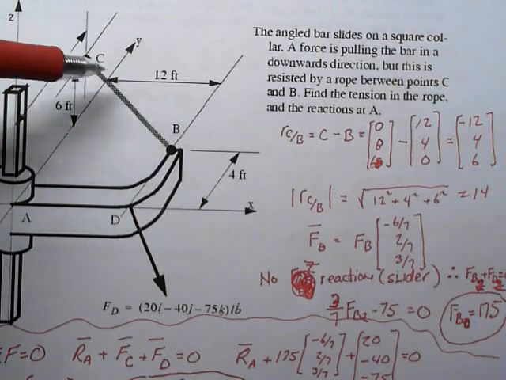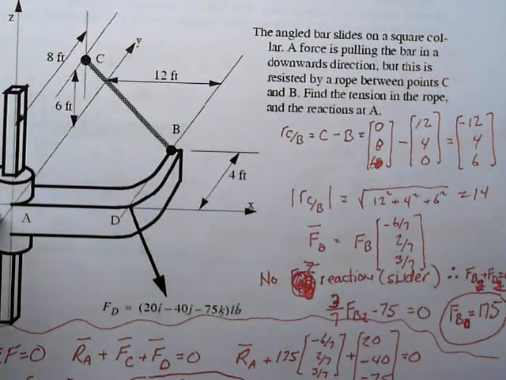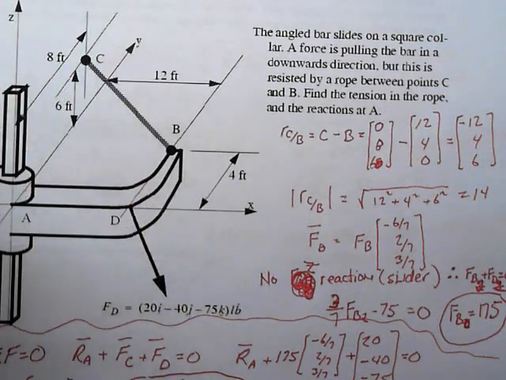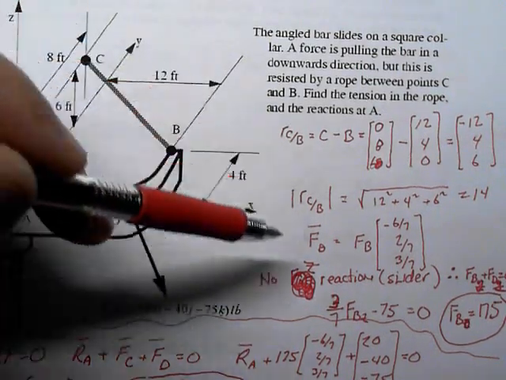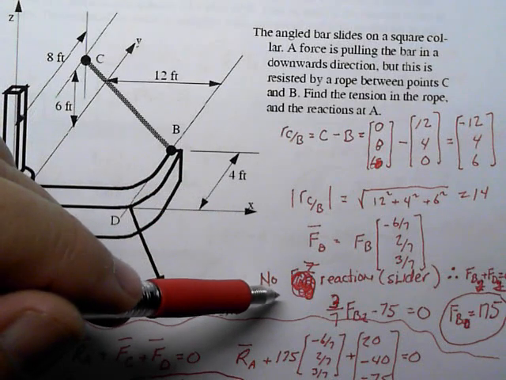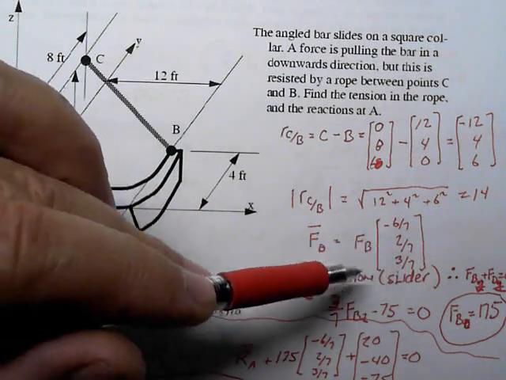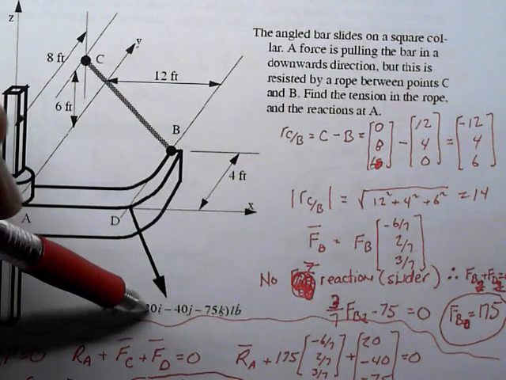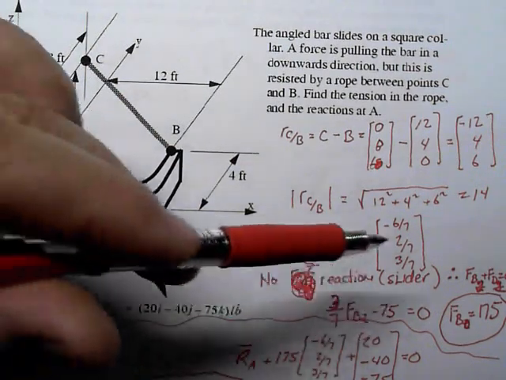Now, the equation we'll solve to find the rope force, realizing there will be no reaction here at the point A because of the slider, will have no force in the Z direction, and so sum of forces in the Z direction that are shown equal to 0 because there's no unknown force here. And the force in the Z direction would be a positive 3/7 times FB, and then from the FD we would have a negative 75.